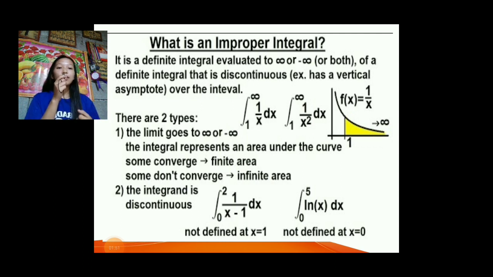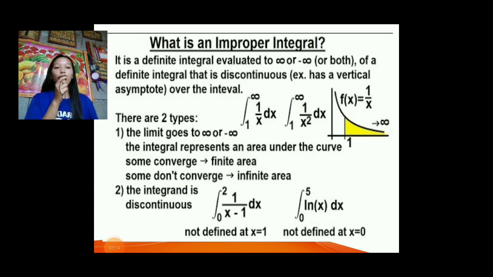The integral represents an area under the curve. Some converge, that is, a finite area, and some don't converge, that is, an infinite area. Don't converge refers to divergent. And for the second type, the integrand is discontinuous.